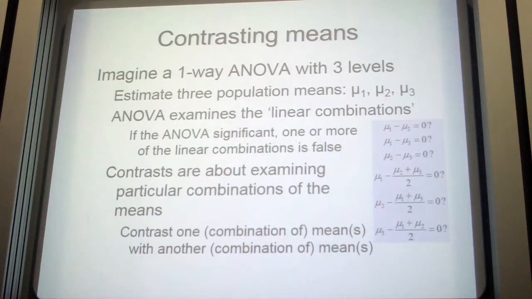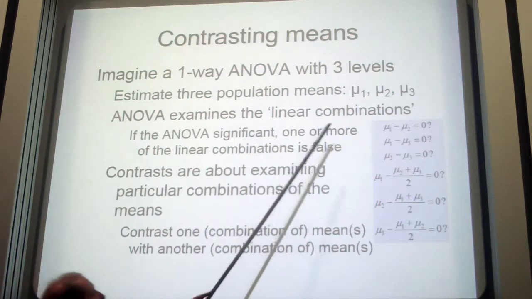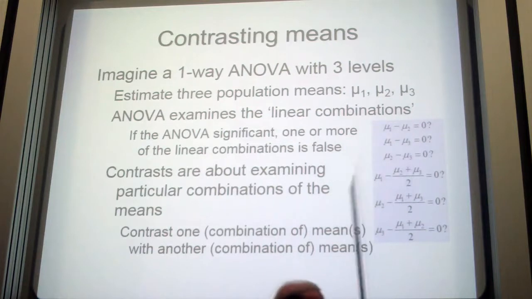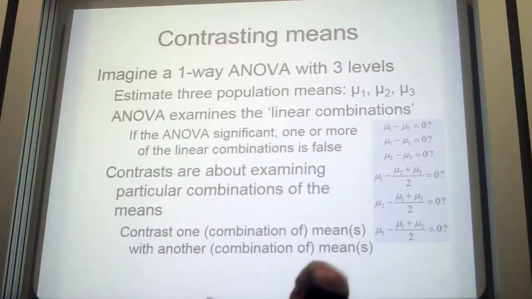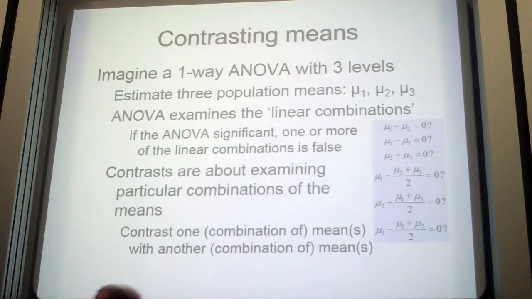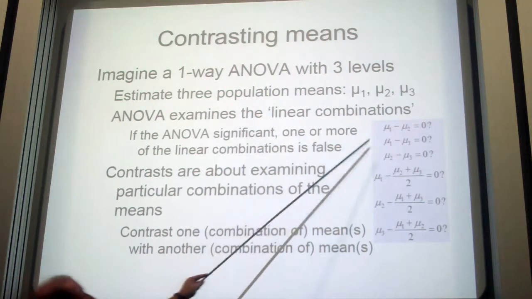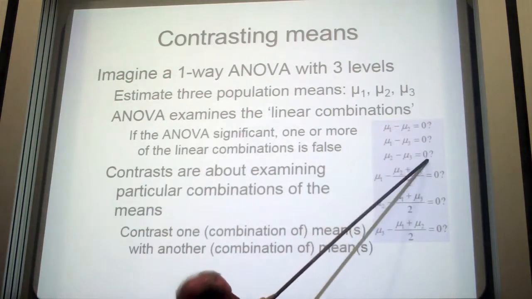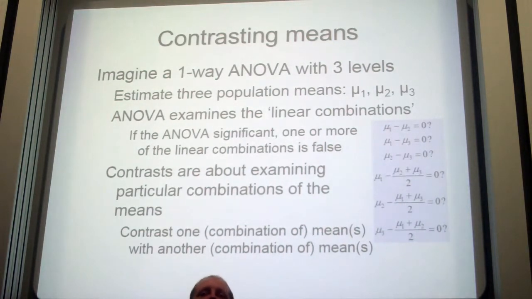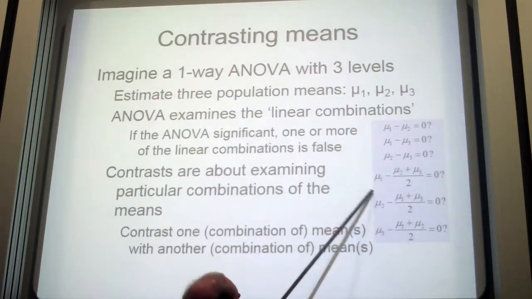Okay, so if we did a one-way ANOVA, we're going to estimate 3 population means, mu1, mu2, mu3. The ANOVA examines all linear combinations of those, all at the same time. So it asks, is the difference between mean 1 and 2 zero, mean 1 and 3, mean 2 and 3 zero? Those are the simple pairwise comparisons.